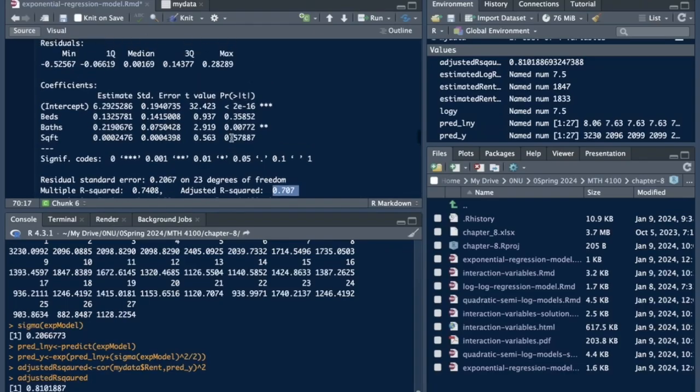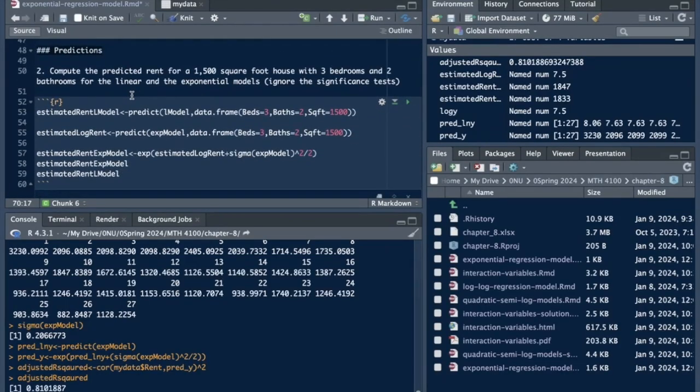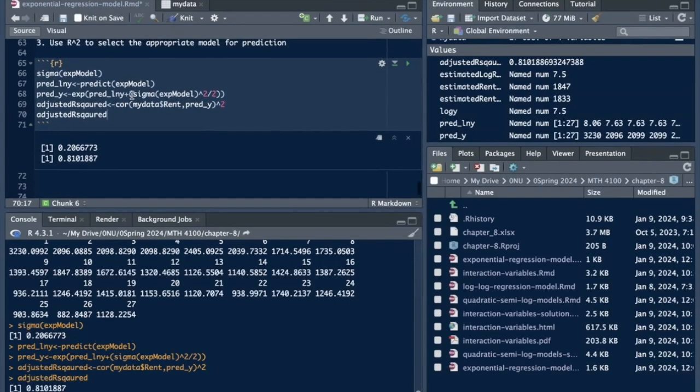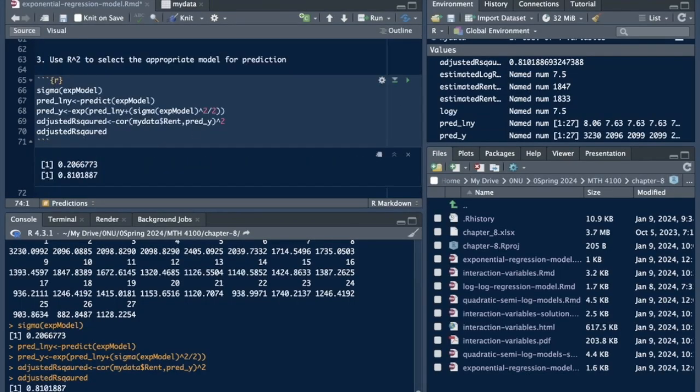No, that was for the log rent. To find the R squared for the rent, we did all of this. We got 81%. So as a result, which model is better? The second model does better than the first model, so it is more appropriate for prediction. Yeah, so this is everything. Thanks.